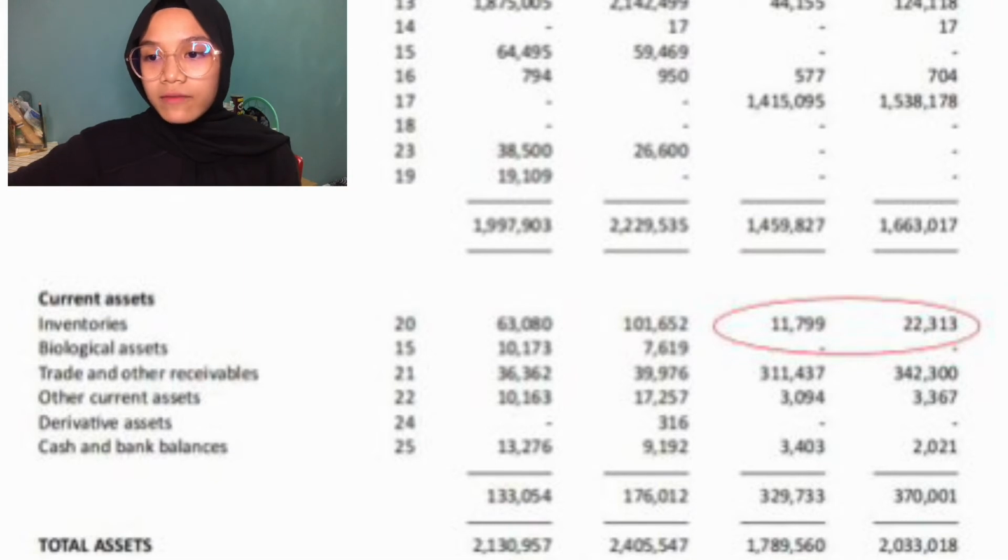For average inventory, I repeated the same step for Jaya Tiasa Holding Berhad, but then divided the amount by 2. Only after that, I applied the inventory turnover formula, dividing the company's cost of goods sold by its average inventory. So here, the inventory turnover for Jaya Tiasa Holding Berhad is 4 times.